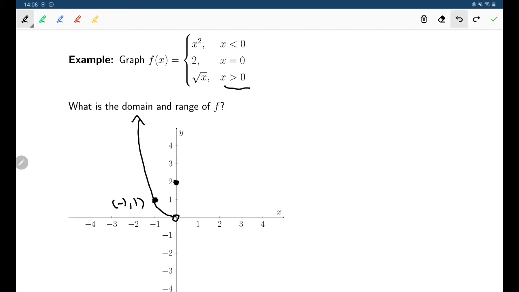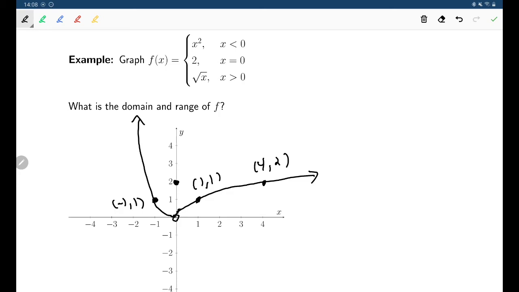So on the right side of the origin, we will be the square root function, which passes through 0, 0, 1, 1, and 4, 2. I'm going to label those points as well. And so there we go.